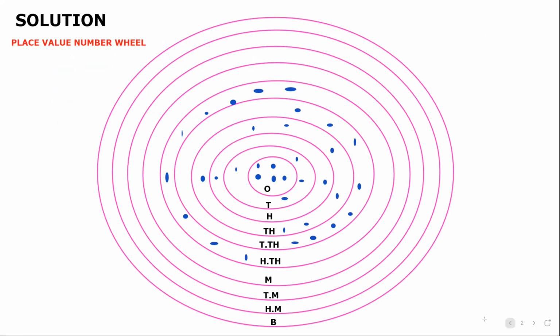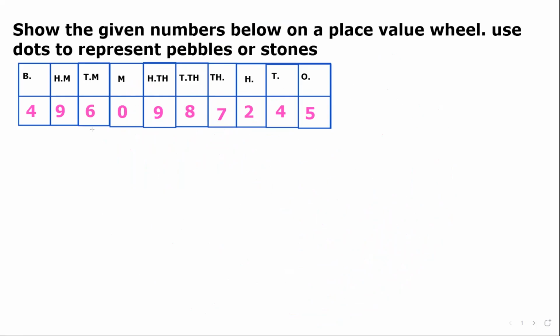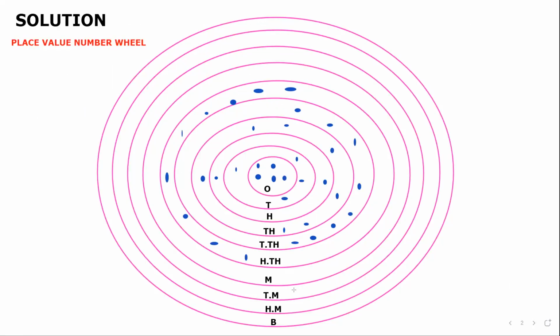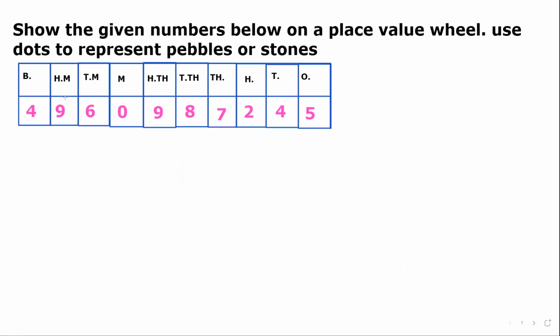Then you move on to the tens of million, which is 6. Then this is the tens of millions ring or the arena. So 1, 2, 3, 4, 5, and then 6. Then you check the hundreds of million, that is also 9.